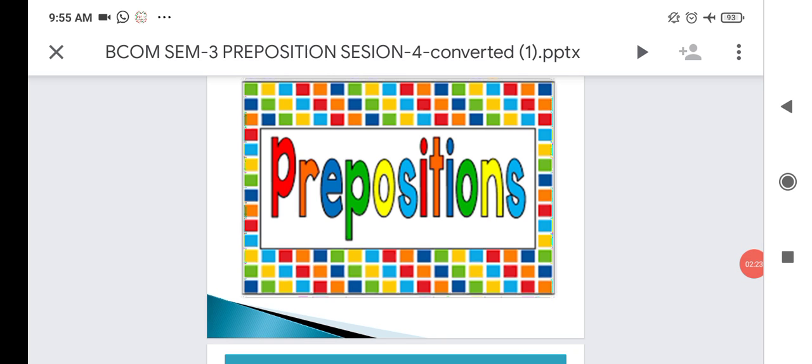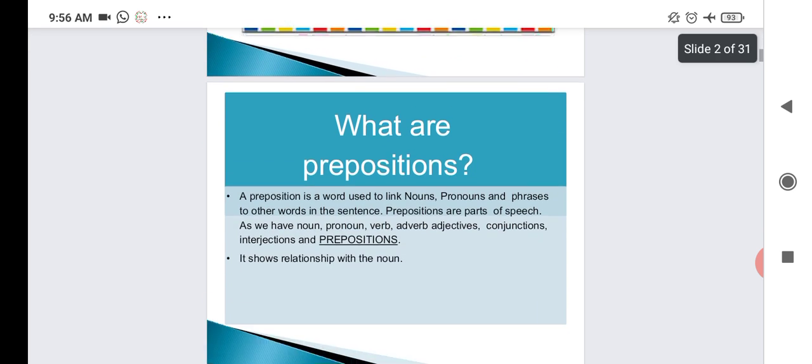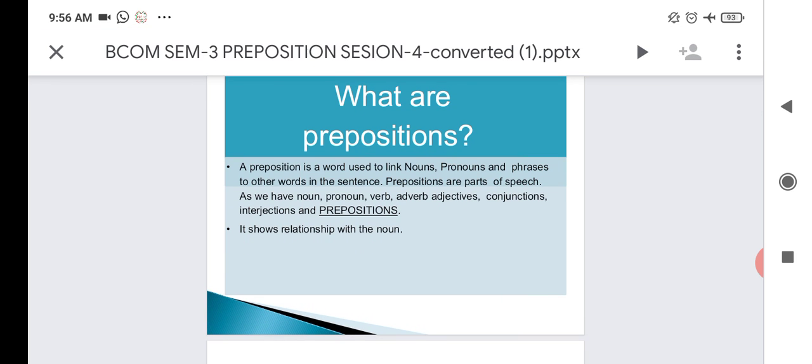Let's start to learn about prepositions. First of all, what is a preposition? Here we are going to learn about multiple prepositions. So let us first know the meaning of preposition.